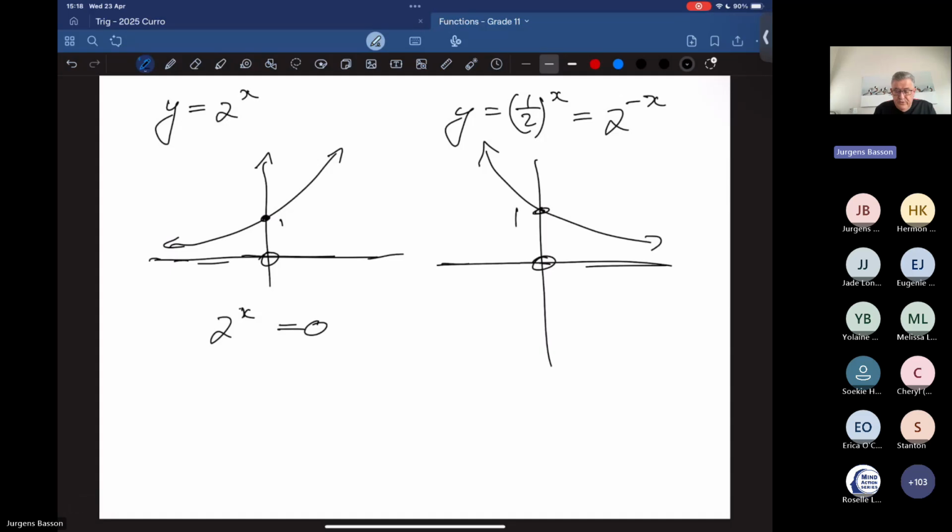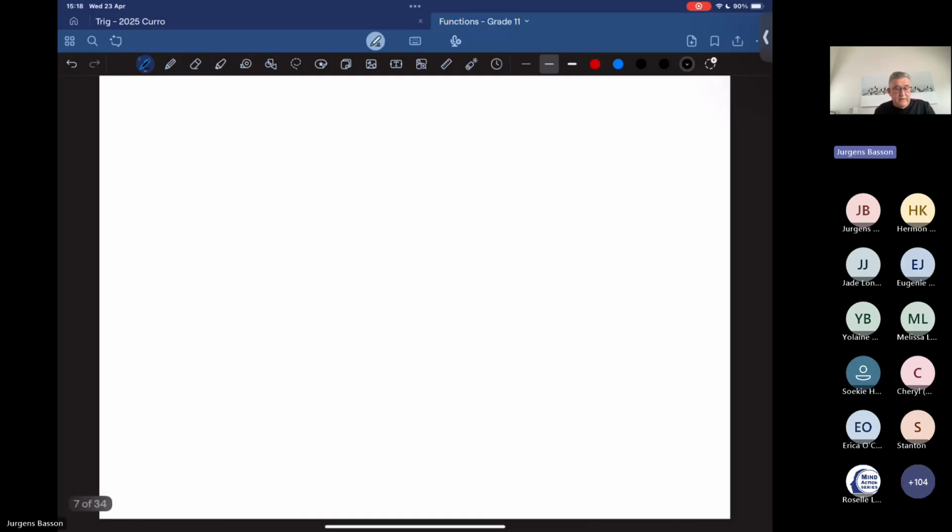So I want to say a few things more about the exponential function, because I would like to start now with the parameters. And the first one is when we have y equal to a to the x, and y equal to ax squared, and y equal to a over x for the hyperbola.